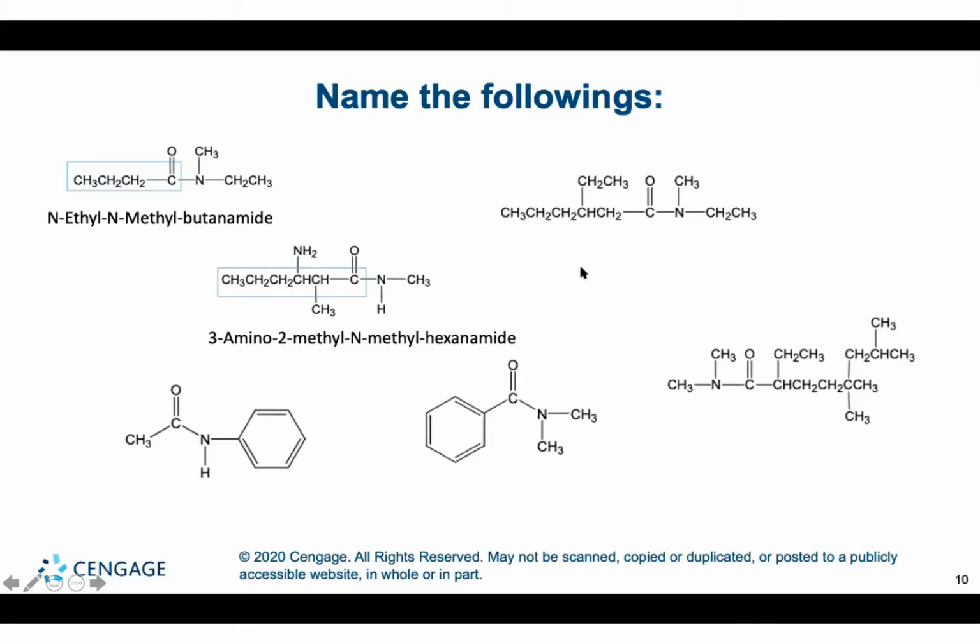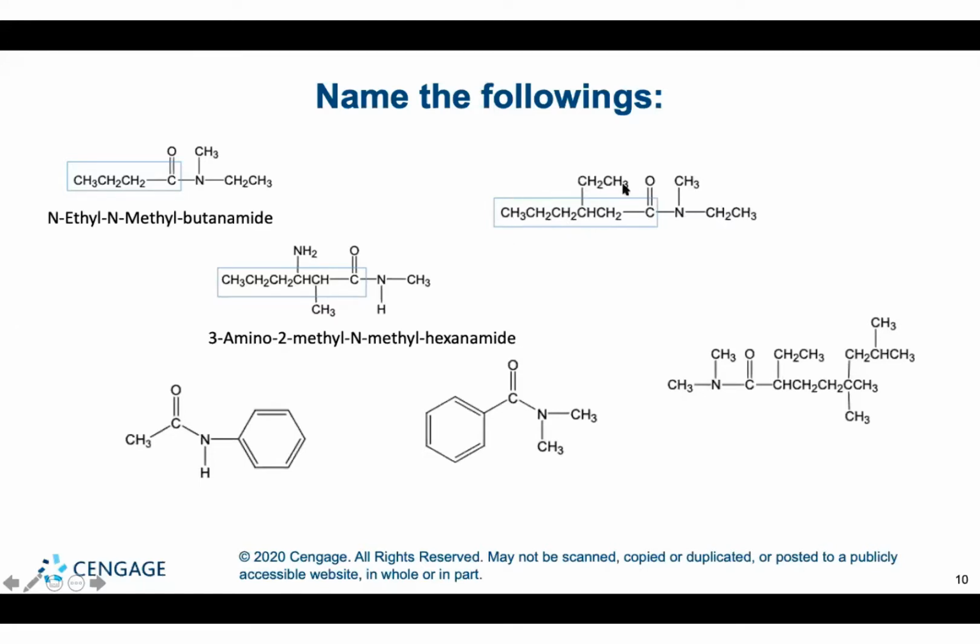Let's do this one, guys. This is an amide, right? We have a carbonyl group and we have a nitrogen directly attached to it. So it's going to be the longest chain from the carbonyl group. Start numbering from the carbonyl group, 1, 2, 3, 4, 5, 6.